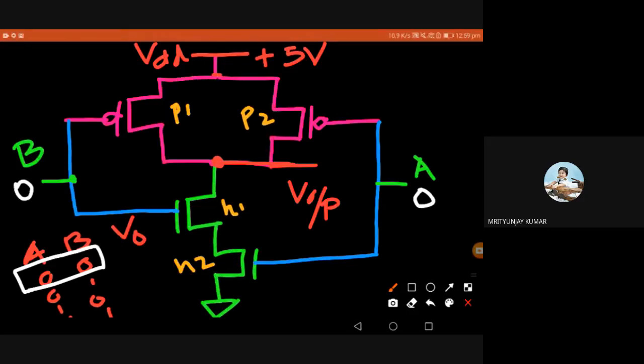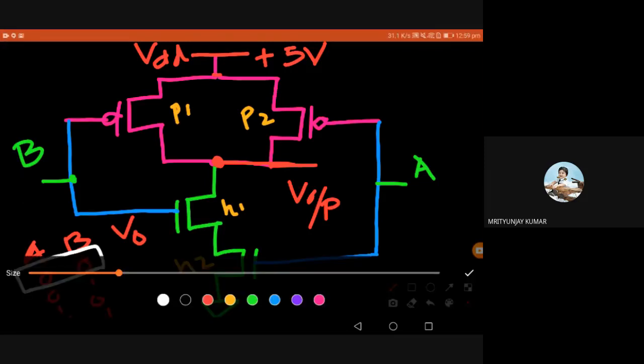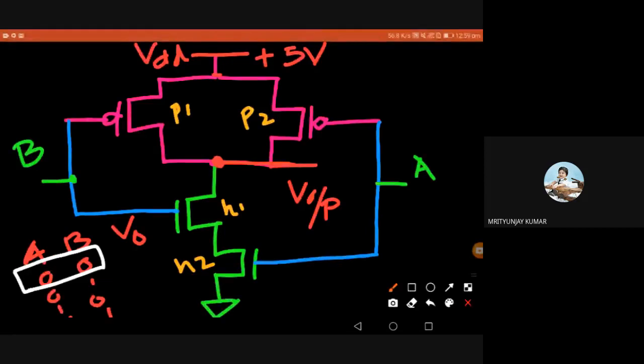Here A is given 1, and B is given 0. P1 and N1 are getting 0 at the base, and A is given 1, so P2 and N2 are getting 1 at the base.